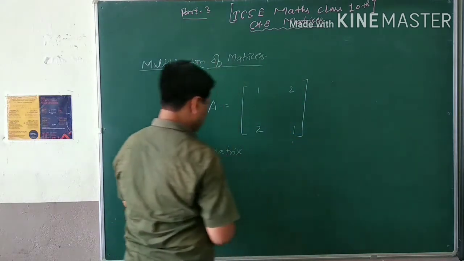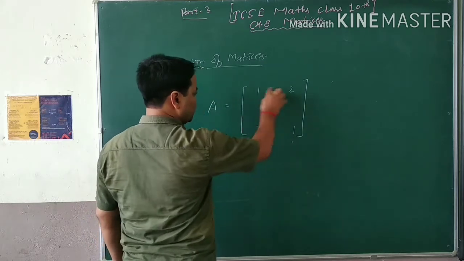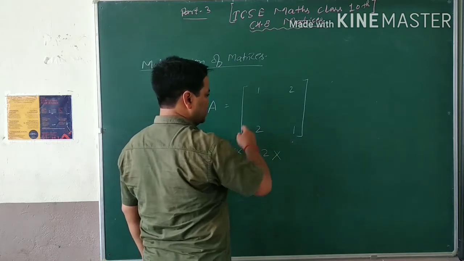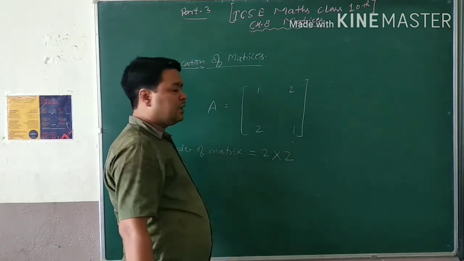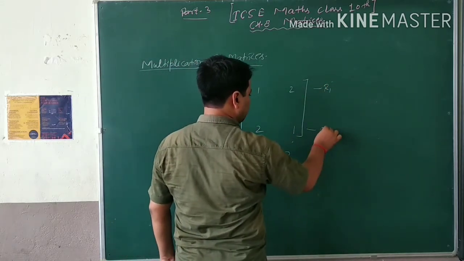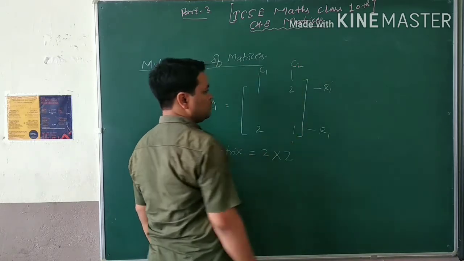According to this, the number of rows is 2, first row and second row, and the number of columns is also 2. If this is the first row, we can write R1 and R2, and first column C1 and second column C2.